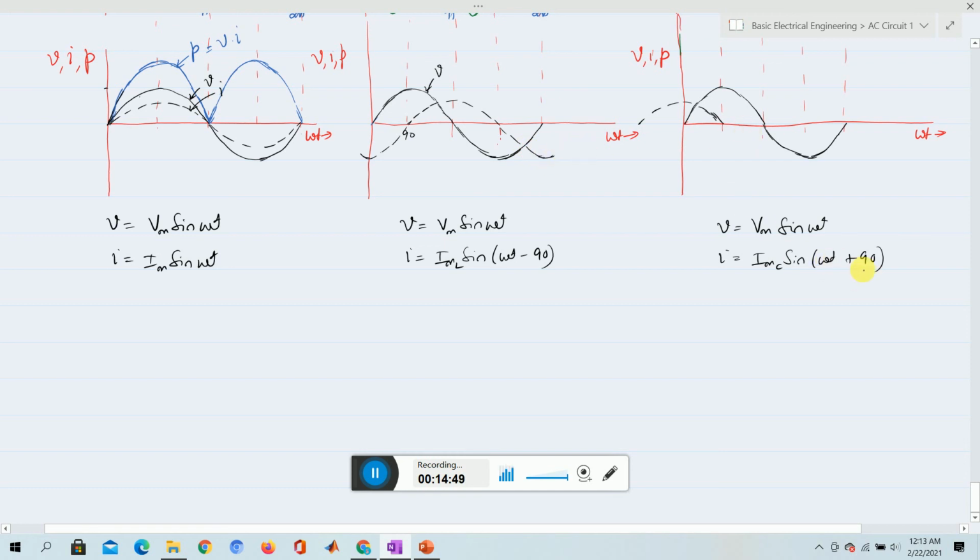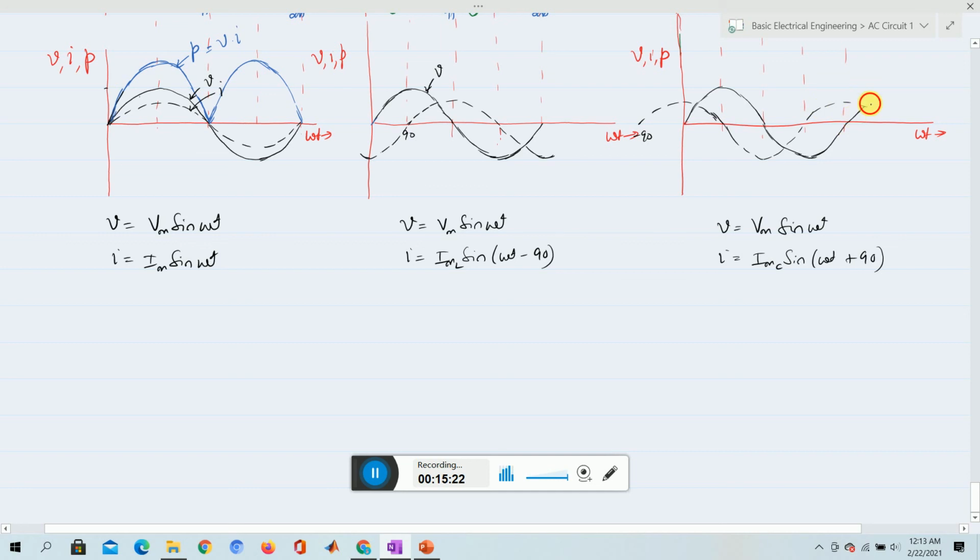And here it is omega t equals plus 90, so at omega t minus 90 it will start, and the waveform looks like this with these dotted lines. Okay, so now we have the voltage and the current waveform both ready. Magnitude wise we can decrease it a little, so here we can draw the current. This is the current and the voltage waveform.